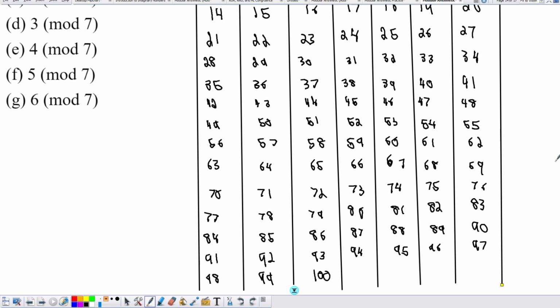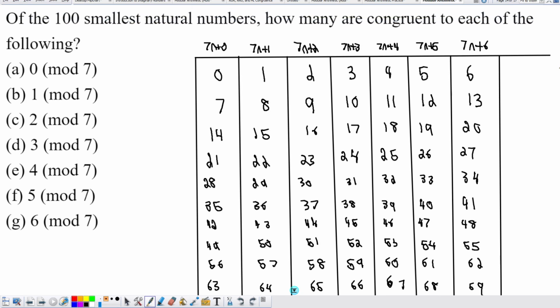Okay. So, of the 100 smallest natural numbers, how many are congruent to each of the following? Okay. So, basically, we're just counting. Everything in this first column is the same as 0 mod 7.